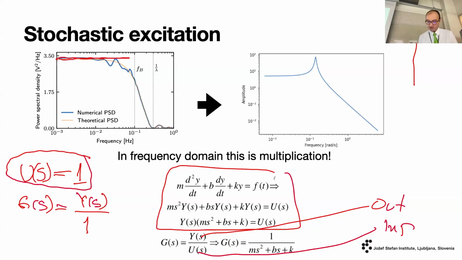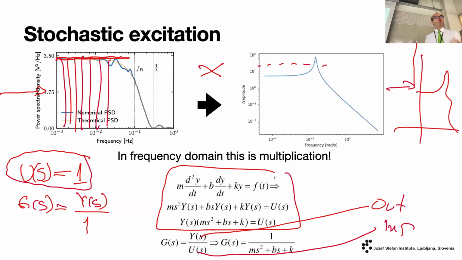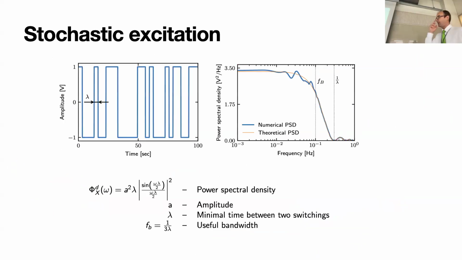And what we have is a flat spectrum multiplied by whatever characteristic we have here, so we multiply this by 1, and the result will be the characteristics that we are looking at. So all we have to do is not use sine waves, but use a signal that has such spectral components, so all frequencies are present all the time simultaneously. So how do we do it?